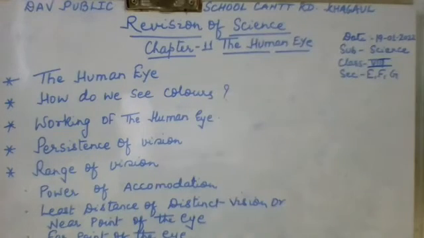So this power of accommodation is necessary for the individual person, because it depends on person to person, to adjust its vision and form a sharp image on the retina. Clear?